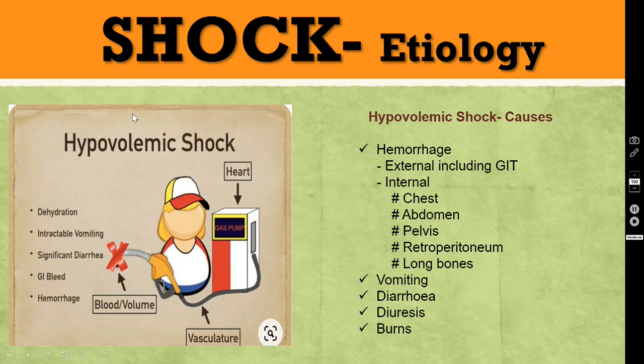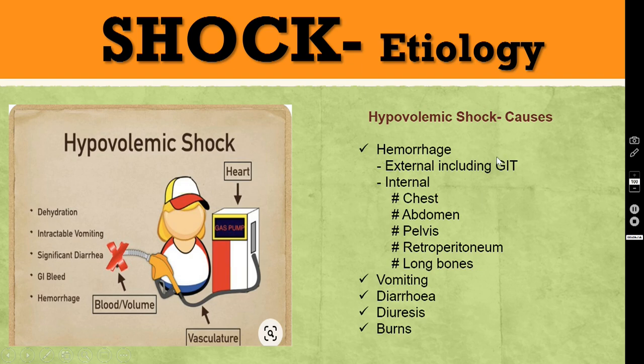The first one is hypovolemic shock, where the problem is the blood volume, because there is loss of blood volume. The various causes, as I told you, could be hemorrhagic or non-hemorrhagic.